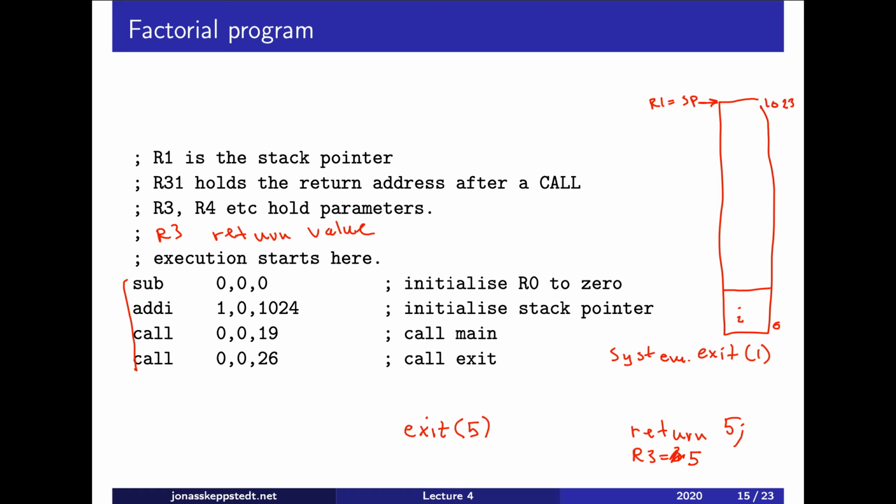Okay, I should also comment on the return value from main. Say you have a bash prompt and you type gcc a.c, and then you want to run this program if gcc didn't complain, then you can write like this, a.out.